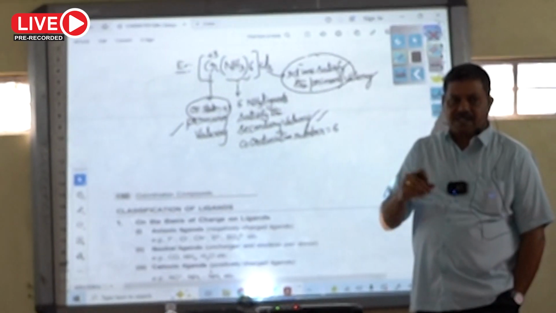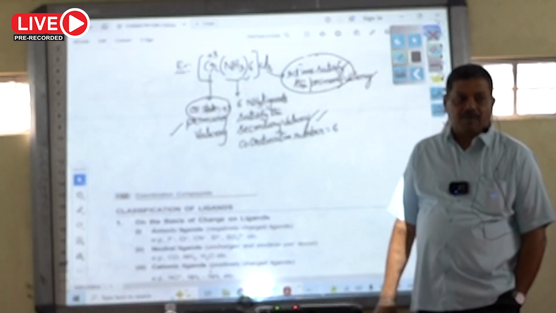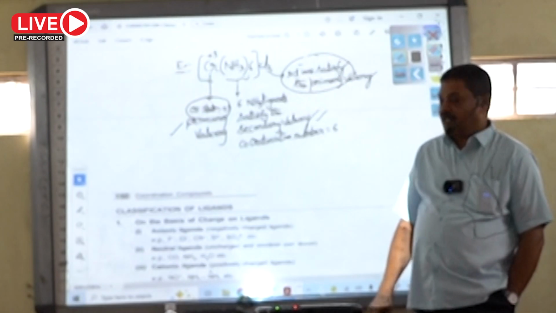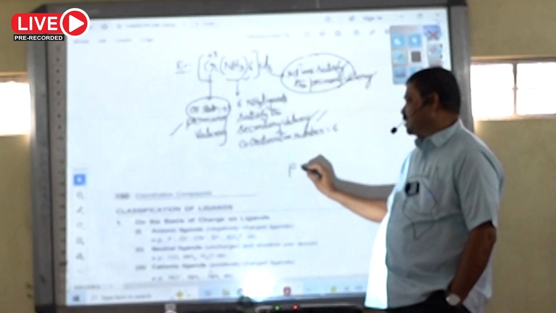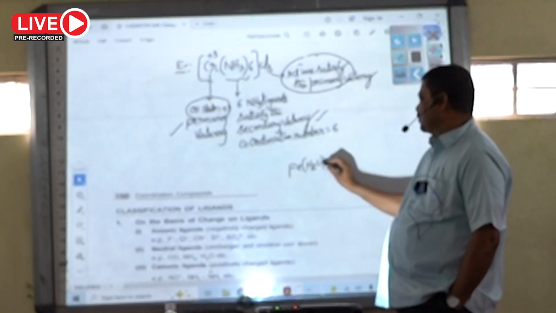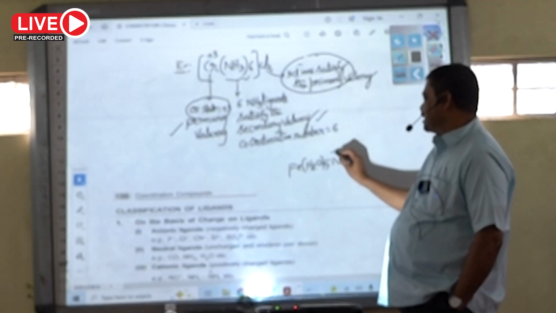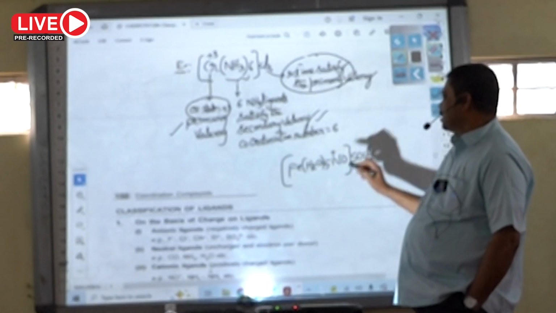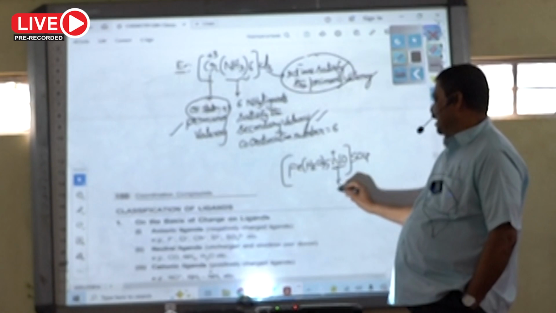In the recent past we discussed the brown ring complex [Fe(H2O)5NO]SO4. In this brown ring complex there is one positive ligand, NO+.